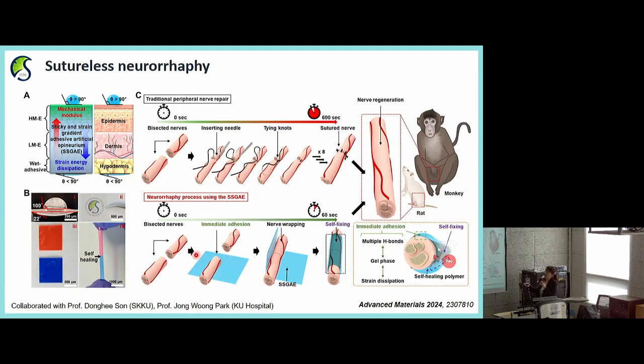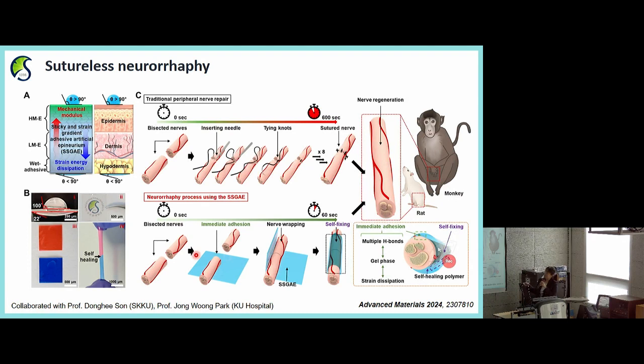Our skin tissue has 3 layers: the epidermis, dermis, and hypodermis. The last hypodermis layer is very soft, and the epidermis has elasticity compared to the hypodermis. That means our skin has a mechanically gradient structure.